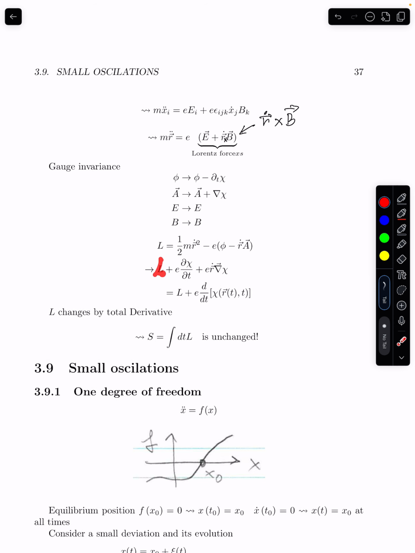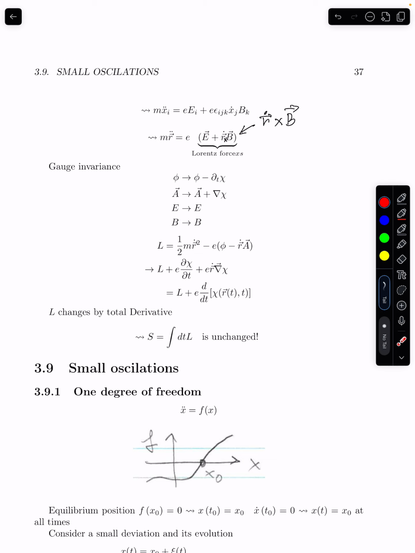We get the old Lagrangian. We do this transformation, we get the old Lagrangian from which we started, plus we will get these contributions. But these contributions we can just write as a full derivative with respect to time of χ, which is a function of r, and it in its turn is a function of t, and also an explicit function of t.